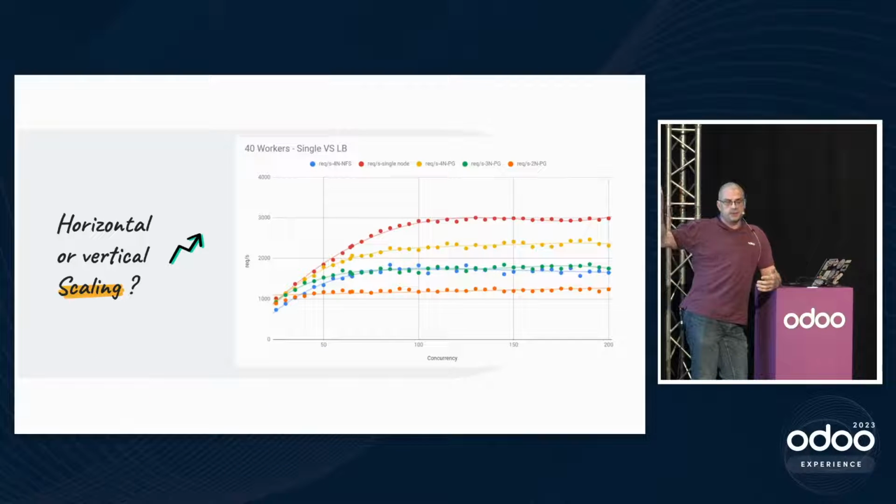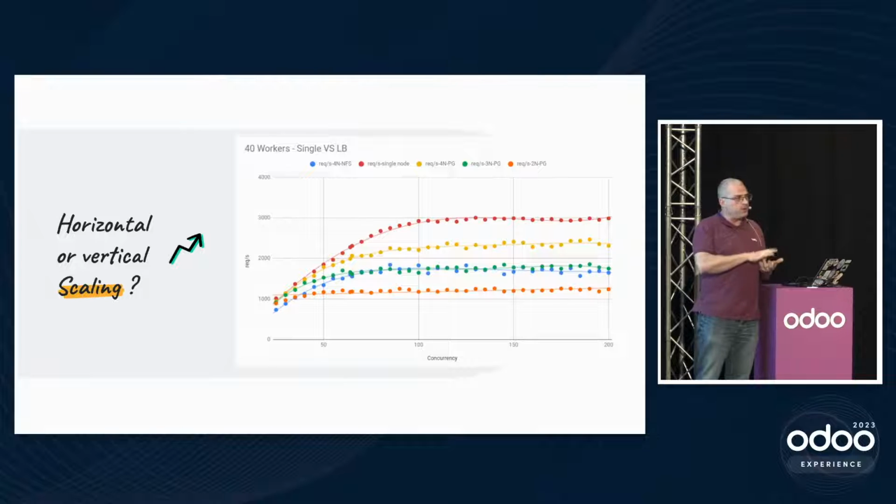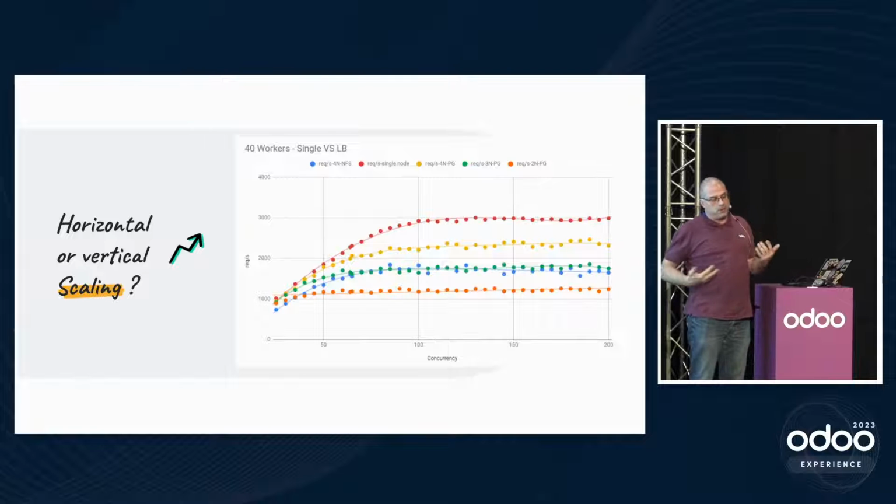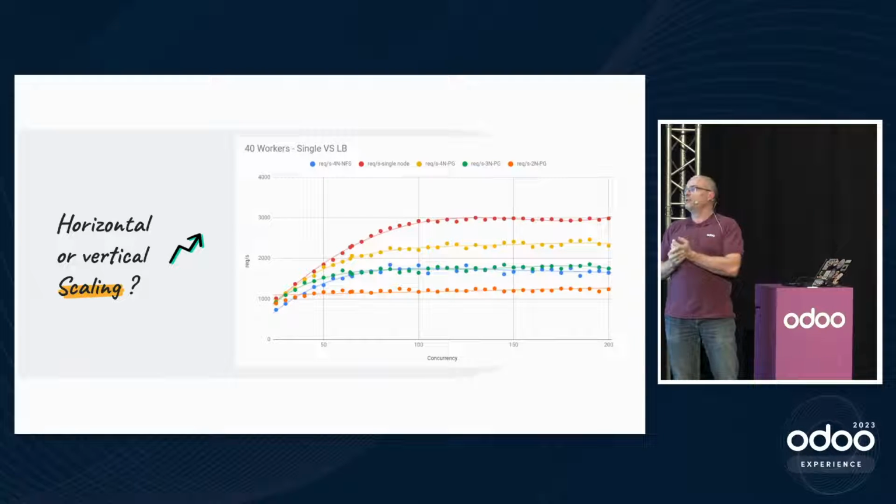The thing is, the Odoo performance has a one-to-one relationship with the frequency of the CPU of the machines you are using. If you want to improve the speed of Odoo, you can just simply improve the speed of the CPU. That's a way to improve the speed of your Odoo deployment.